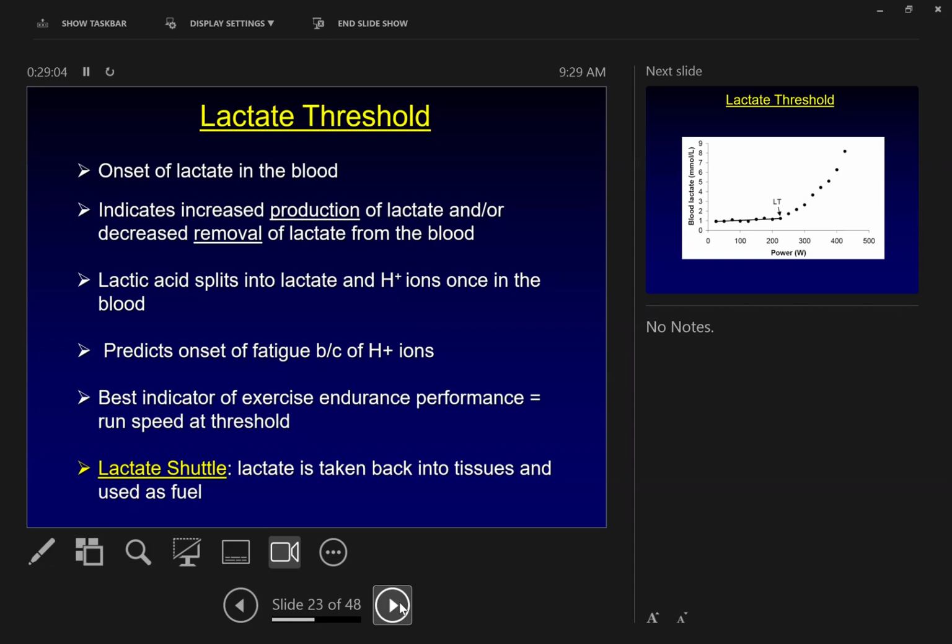So lactate threshold represents an exercise intensity, an amount of force production at which the balance of what is happening to the pyruvate begins to get tipped towards making more and more lactic acid.